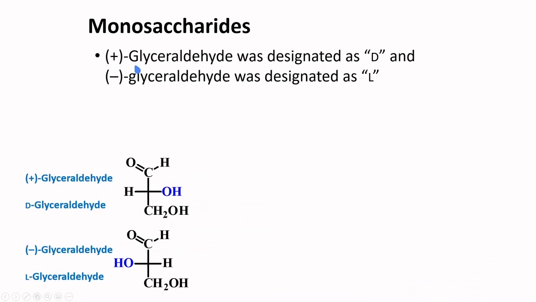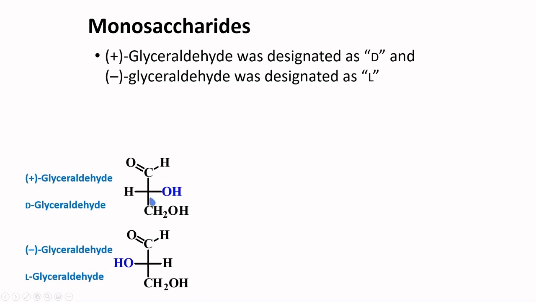Plus glyceraldehyde, or that form of glyceraldehyde which rotates plane polarized light clockwise, was designated as D. And minus glyceraldehyde, that form of glyceraldehyde which rotates plane polarized light counterclockwise, was designated as L.